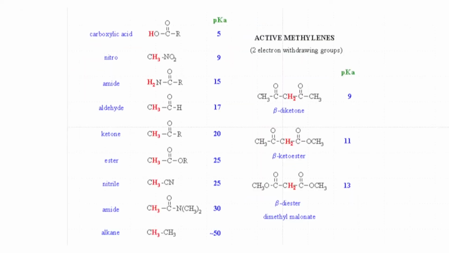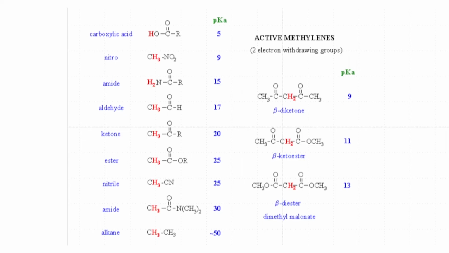With that, now let's look at the concept of active methylene. Active methylene is usually referred to when you have very strong electron withdrawing groups on a particular methylene carbon. Earlier we were discussing methyl. Now here is a methylene group, which is an active methylene group.